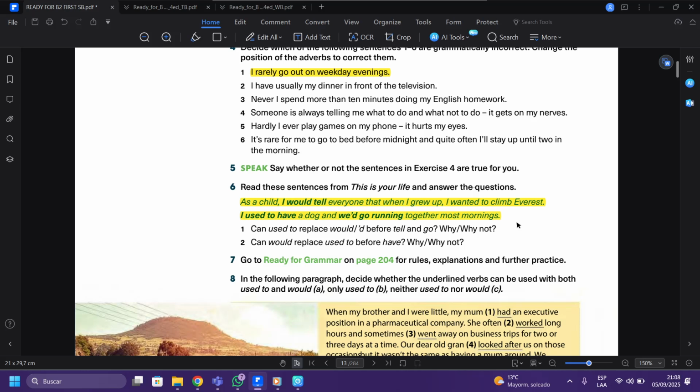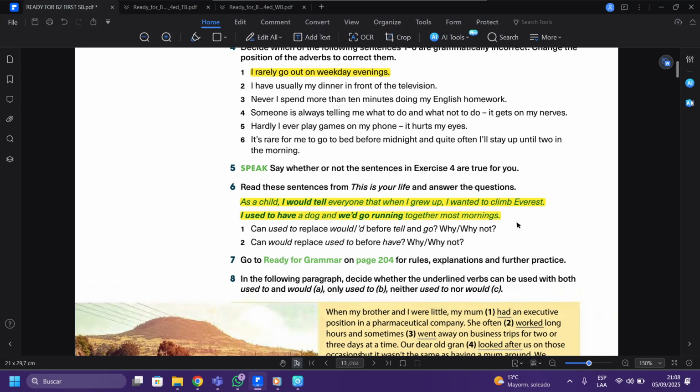And I used to have a dog, and we'd go running together most mornings. And the questions are, can used to replace would before tell and go? Is it possible? Why or why not?